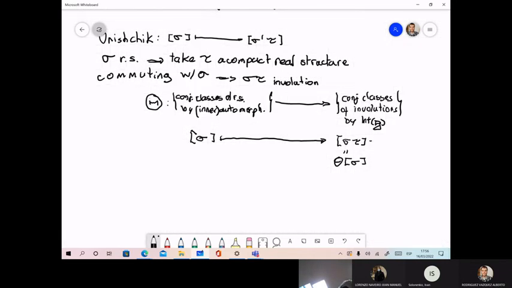Okay, so we have here the big theorem of the chapter. It says that theta is a well defined bijection.